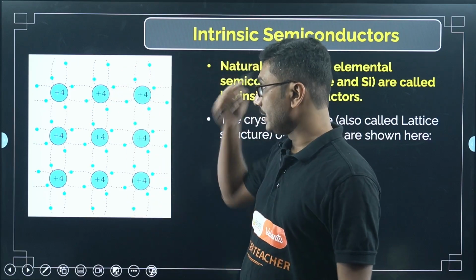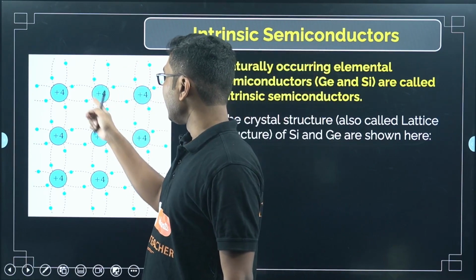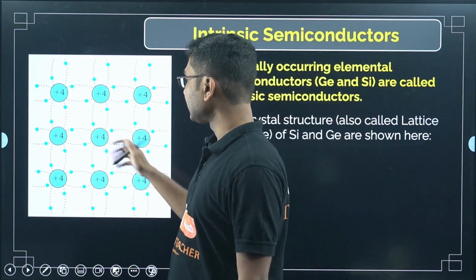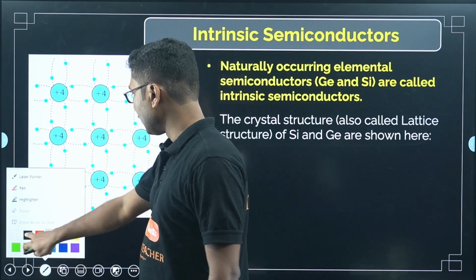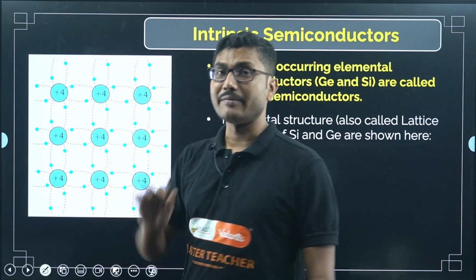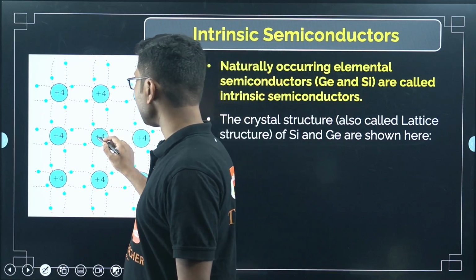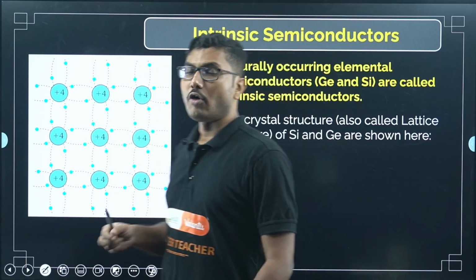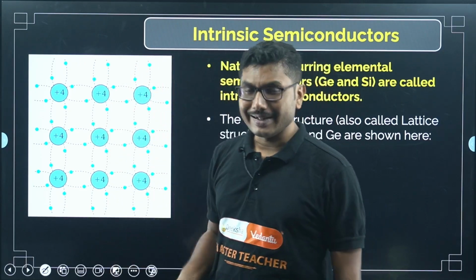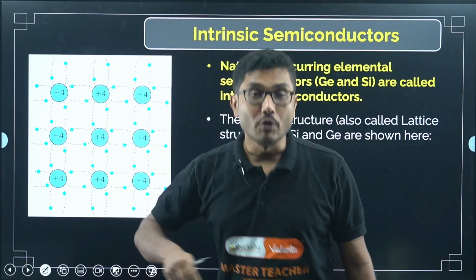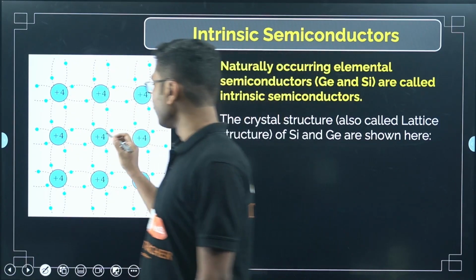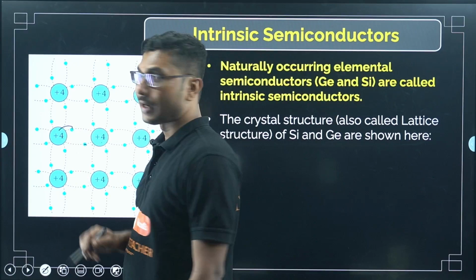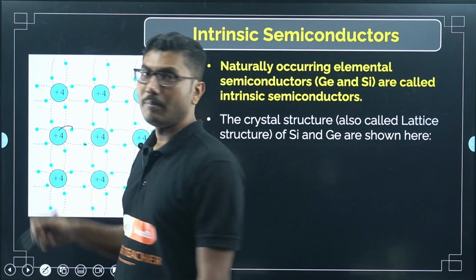Every one of them has 4 valence electrons. Let us consider the central atom, having 4 valence electrons. It shares these electrons with its 4 next nearest neighbors. They are not forming bonds with only 2 or only 3. They are sharing the 4 electrons with 4 neighboring silicon atoms. This silicon gives 1 electron, and its neighbor gives 1 electron, and they form a covalent bond.